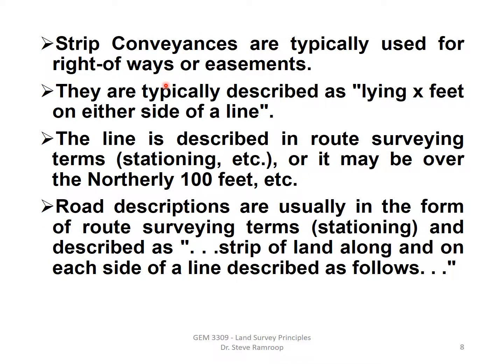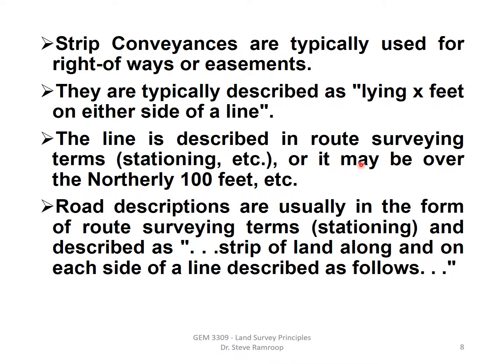Strip conveyances are another type of description, typically used for right-of-ways or easements. We talked about that earlier in the textbook. They're typically described as lying X feet on either side of a line, so this sort of verbiage is included in the description. The line is described in route surveying terms.